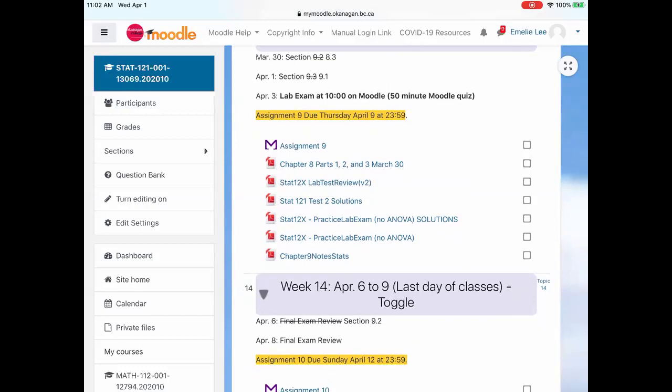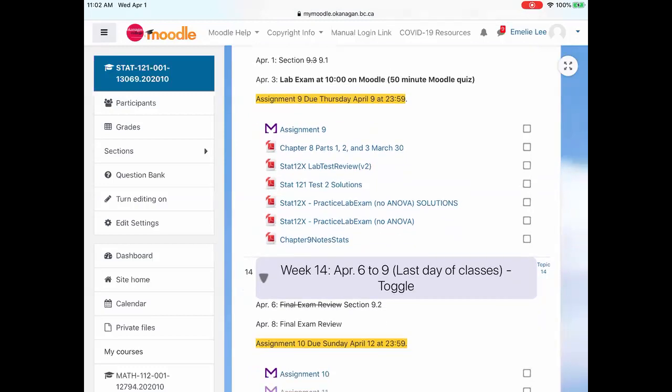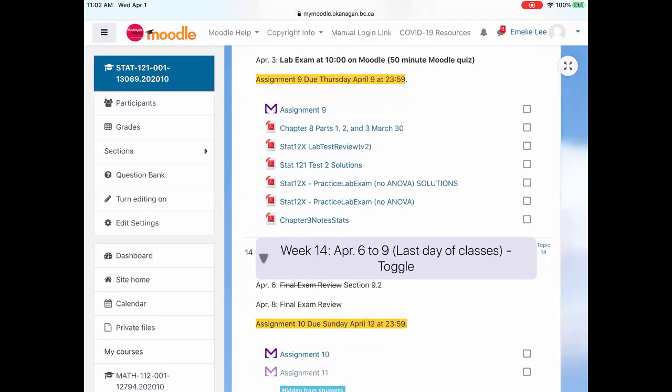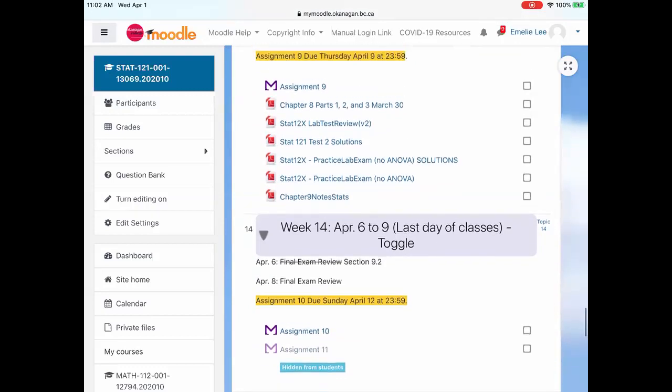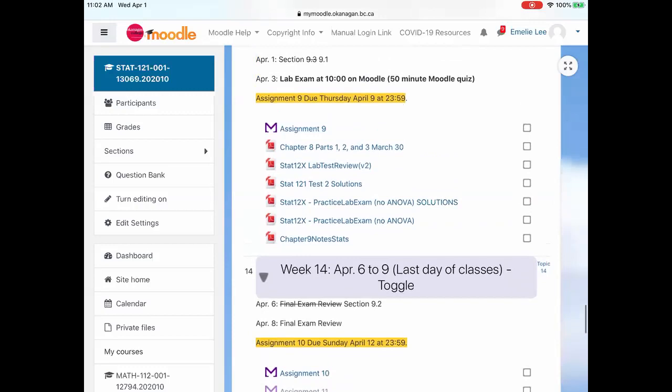Remember, you can access your test 2 through Gradescope, so if you're having trouble, let me know. And then there's the practice lab exam and the practice lab exam solutions. I guess they should be in a different order. Today we're going through the chapter 9 notes, which is very poorly named, but whatever. I posted the chapter 9 notes as well.